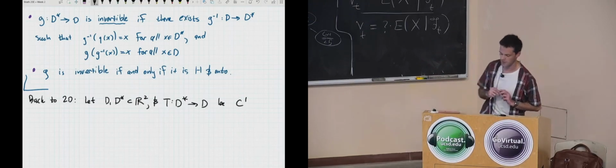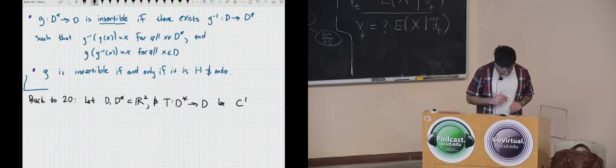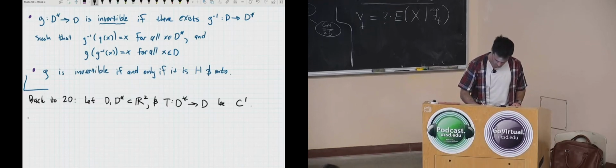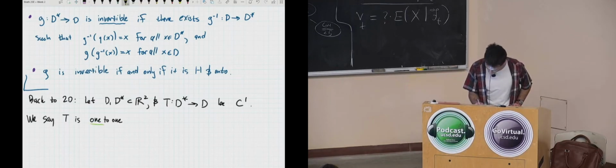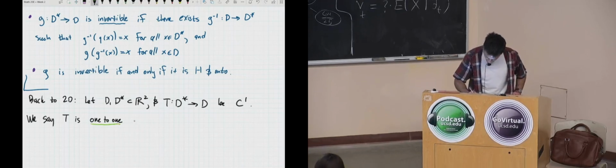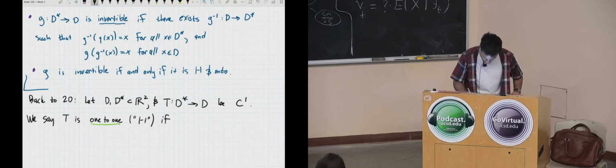That's what the C1 means. We say T is one-to-one, and we'll often just write 1-1, if.